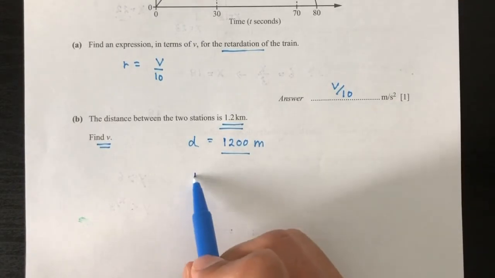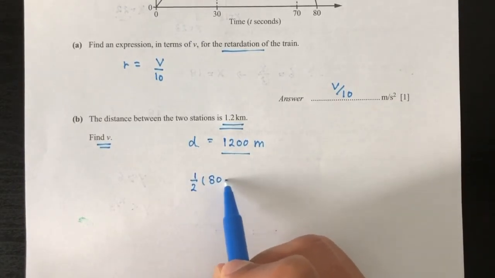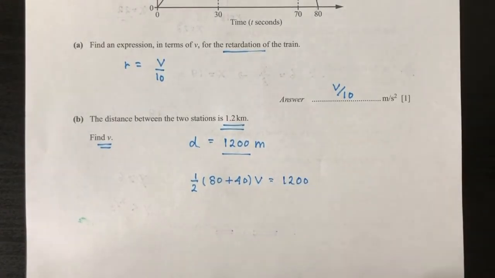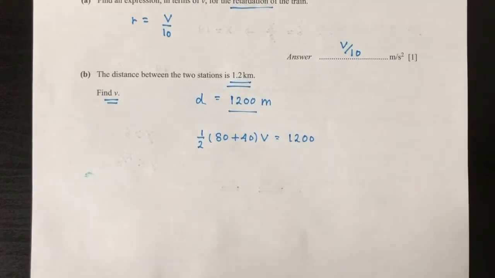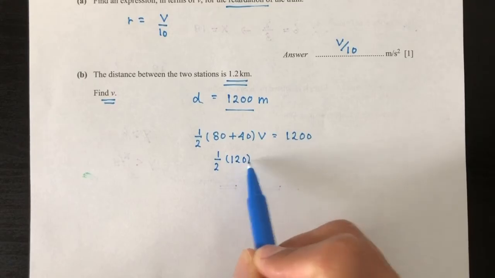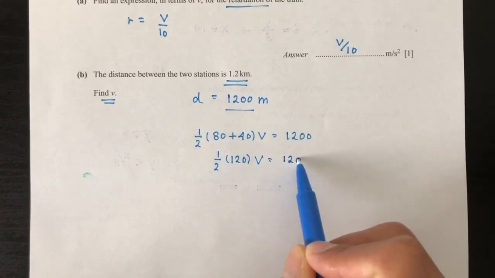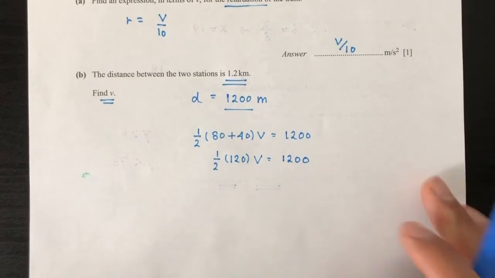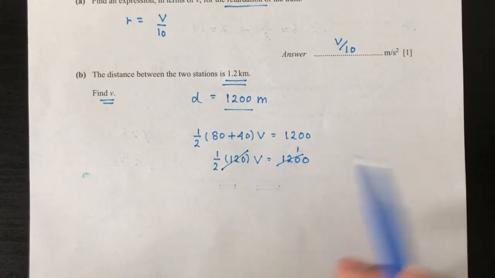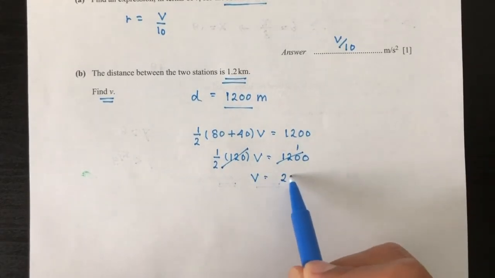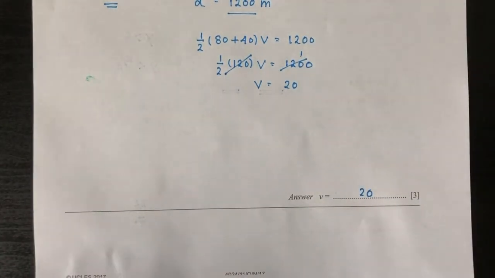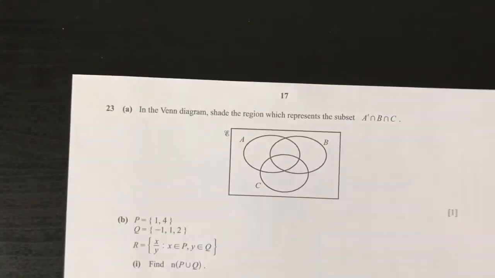So half times (80 plus 40) times v is equal to 1200. We can simplify: half times 120 times v is equal to 1200. So 60 times v is 1200, so v will be 20. So your v is 20, and that is your question number 22.